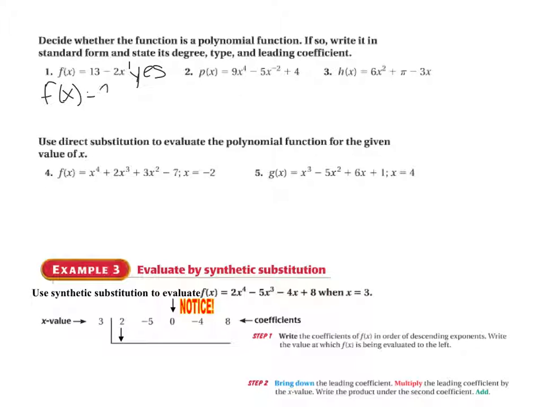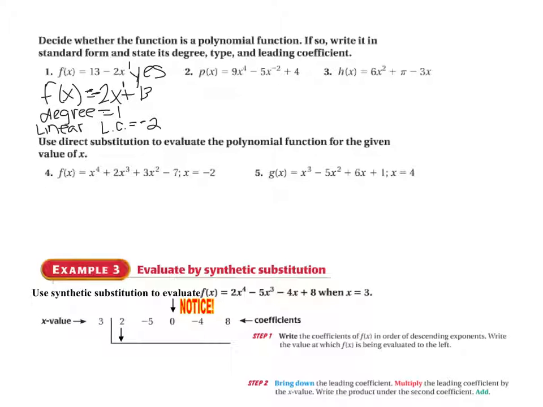The term with 2 to the x goes first, plus 13, oops, forgot the negative. Its degree equals 1, its type is linear, and the leading coefficient is -2.